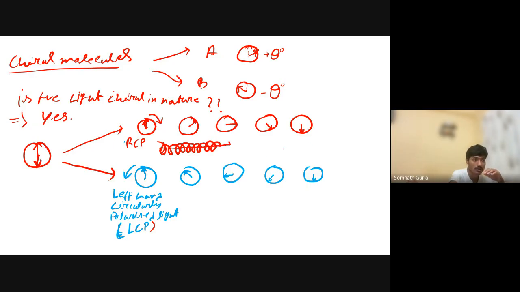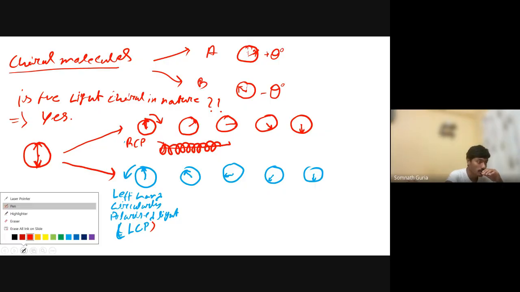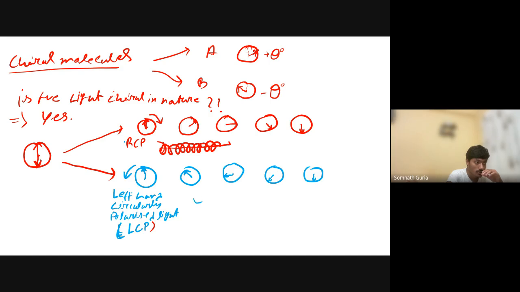This is my right-handedly polarized light, and this is my left-hand circularly polarized light. This is the direction of propagation. Same over here also.